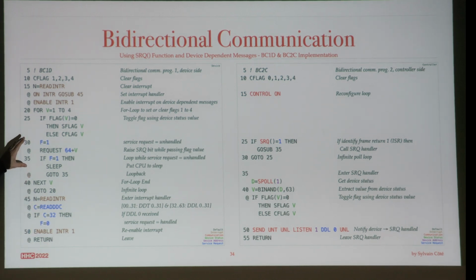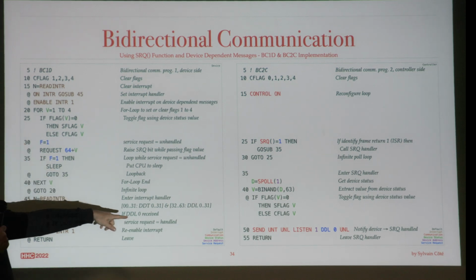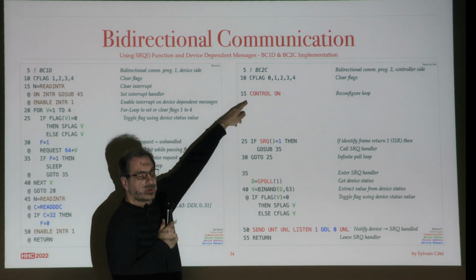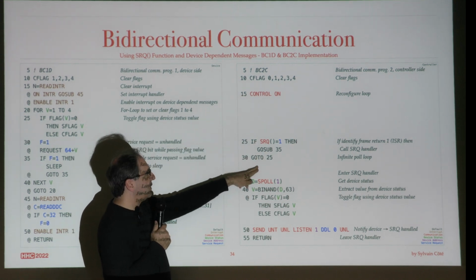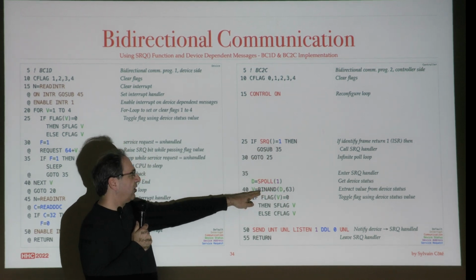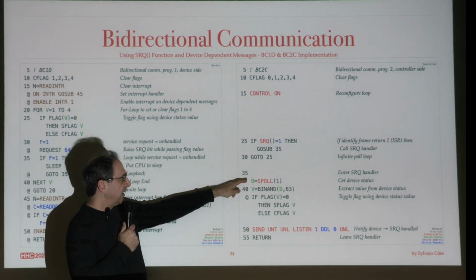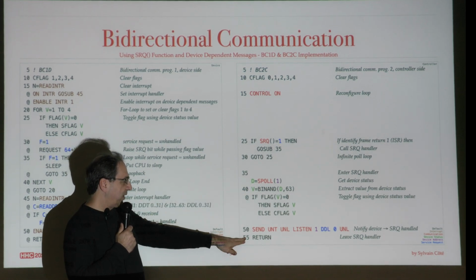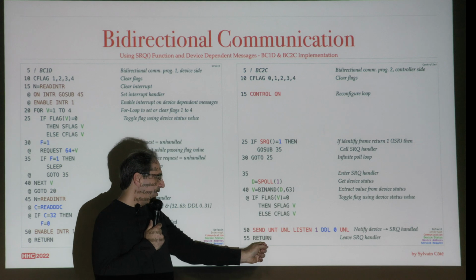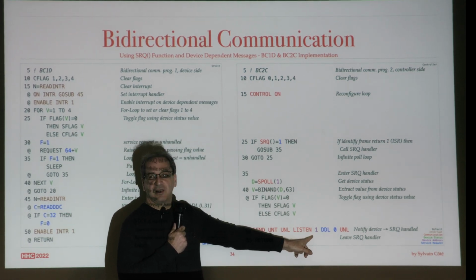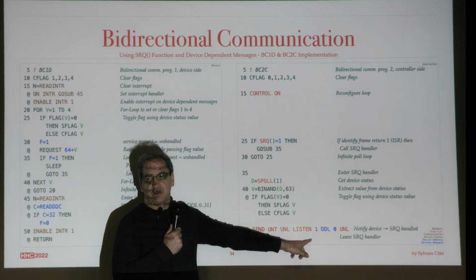Into the code. If we look at the controller, it's the same thing as we had before: a control loop, an infinite loop, but if the service request returns one, call the handler. The handler is getting the device status, setting the flag, but at the end it's going to send untalk, unlisten, and ask the device to become a listener.